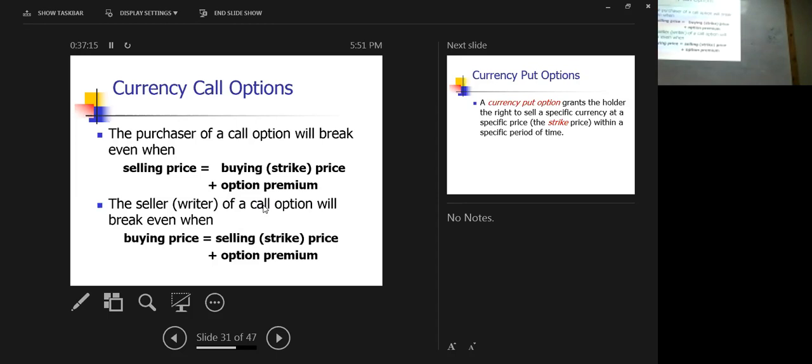If the underlying is at 52, would you exercise the option? If it's at 50, would you exercise the option?